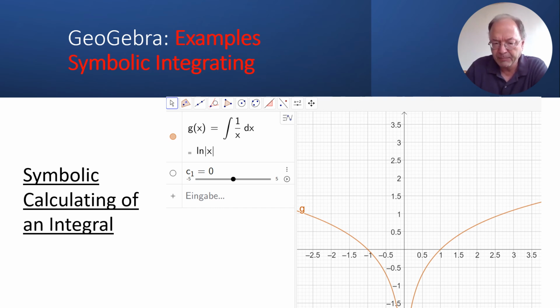So it put in the C1, the integration constant, and by default it set it to 0. You can change this, of course. You can change this setting, and then it will change the function. It will not write down ln of x anymore, ln of absolute value of x, but plus C1, plus this number. In that case.